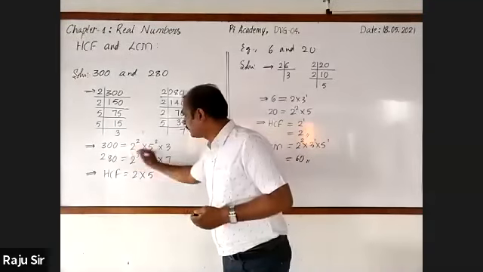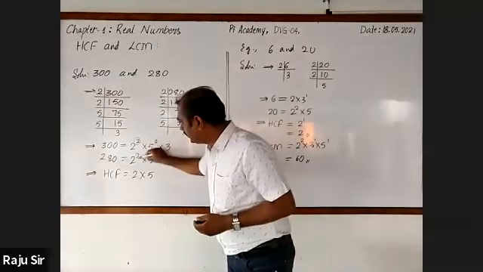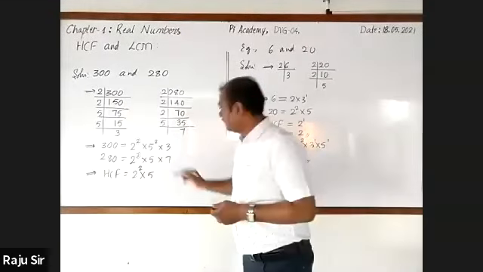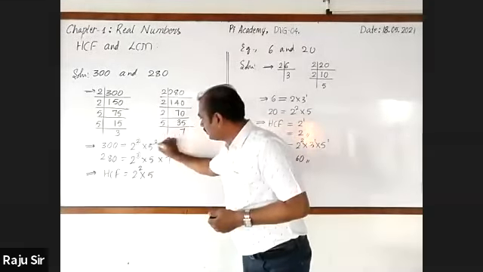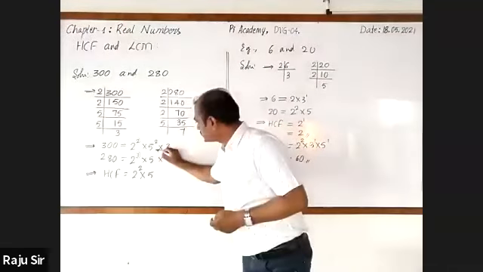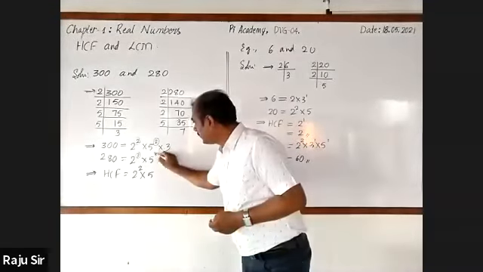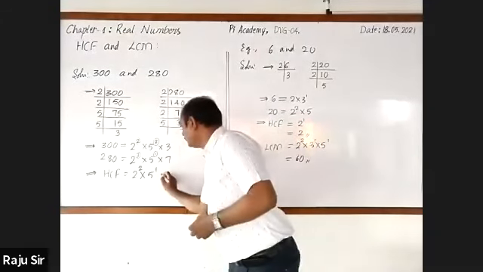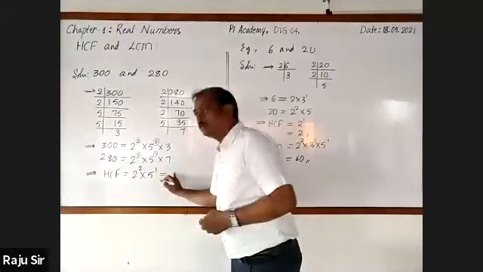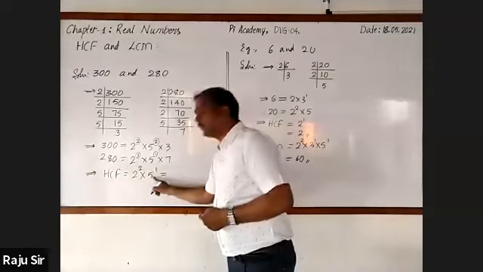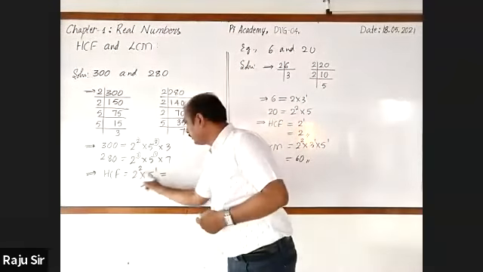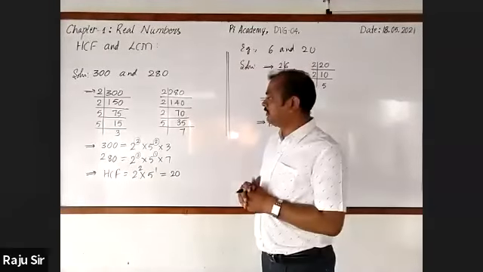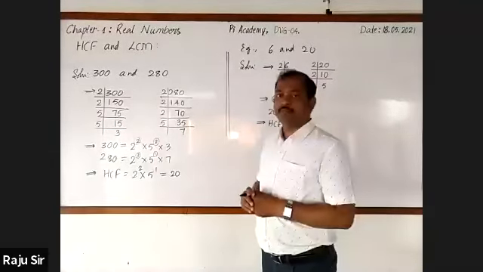What is the least power of 2? Here is 2 and here is 3. Least power is 2. Similarly, with respect to 5 also, here power is 2, here power is 1, least power is 1. Hence, we can write it. I write here 2 square is 4, 5 raised to the power 1 is 5, 4 fives are 20. So HCF of 300 and 280 is 20.